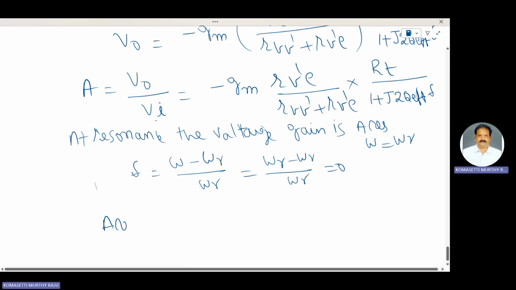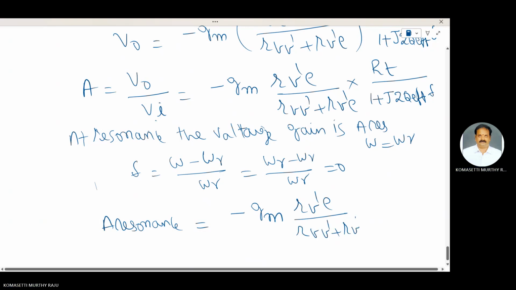A at resonance is equal to minus gm into RB'E by (RBB' plus RB'E), into RT by 1 plus delta value. Put delta value as 0, that is equal to 0.